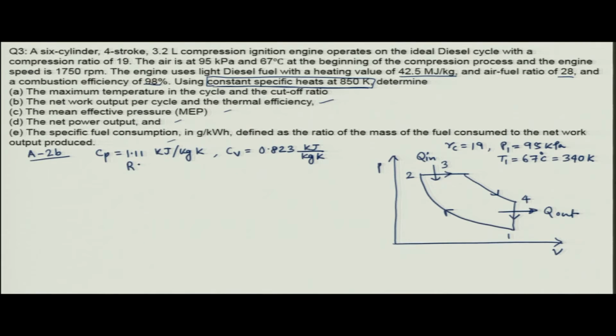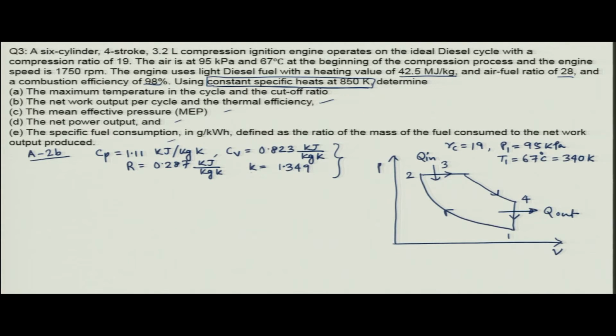So, R is basically the difference of Cp minus Cv, which is 0.287, and K is the ratio of Cp and Cv, which is 1.349. Okay. So, you can obtain this Cp and Cv from the table, and then you subtract Cp and Cv, then you will get R, the gas constant, and K is basically Cp over Cv, right. So, these are the properties that we have to use throughout this cycle.